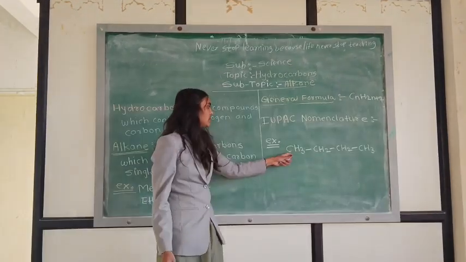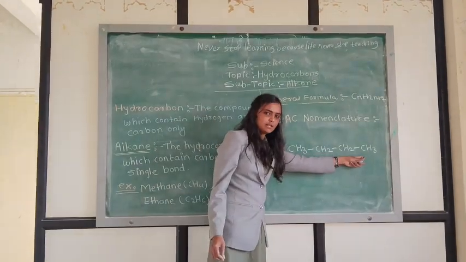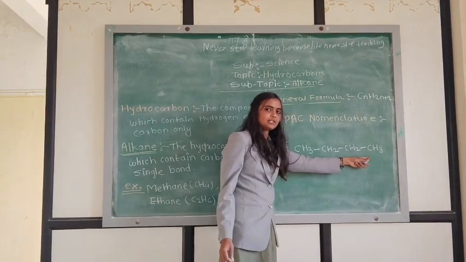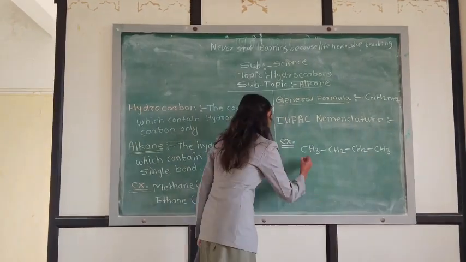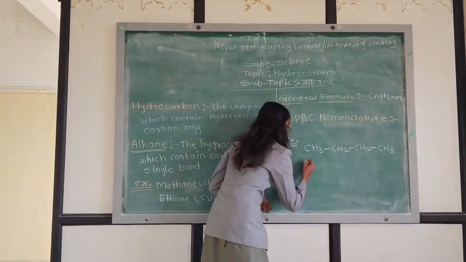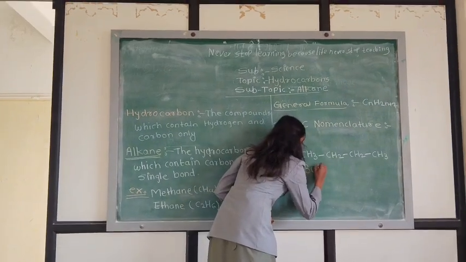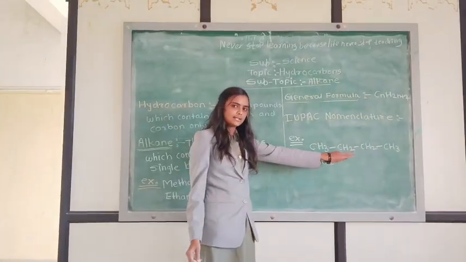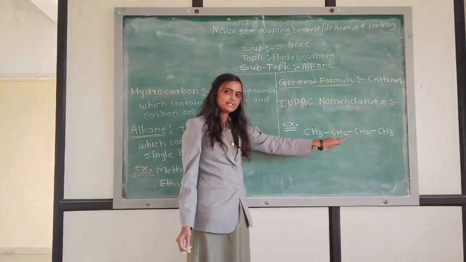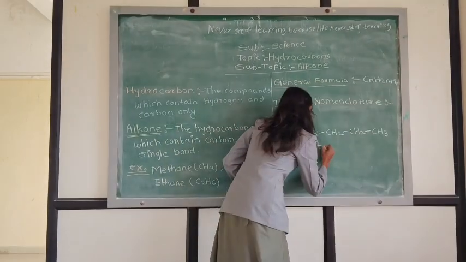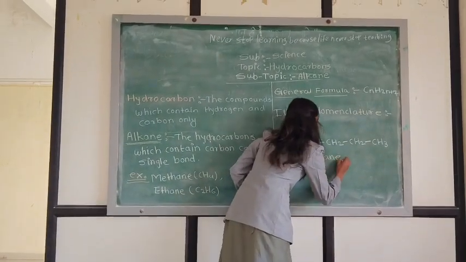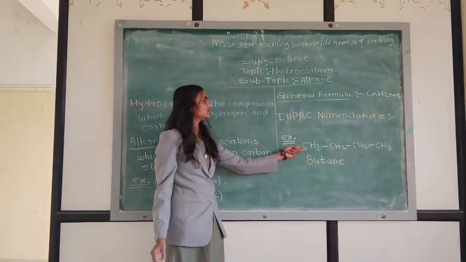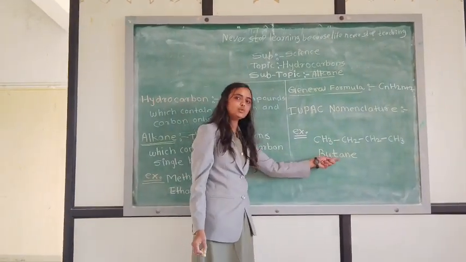Here 1, 2, 3 and 4 carbon atoms are present, that's why we will add the prefix but. And in all alkanes, we will add the suffix ane. So the name of this alkane is butane.